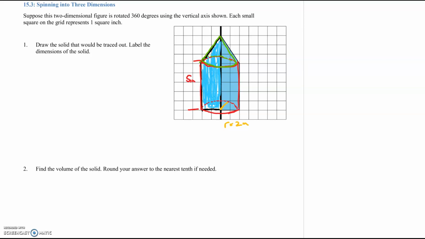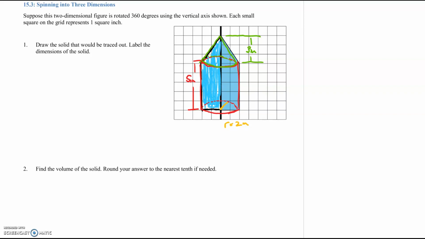Okay, and then the height of this cone here is 1, 2, 3 inches. Okay, so now we have the dimensions laid out for our object. Now what we want to do is we want to find the volume of the solid.